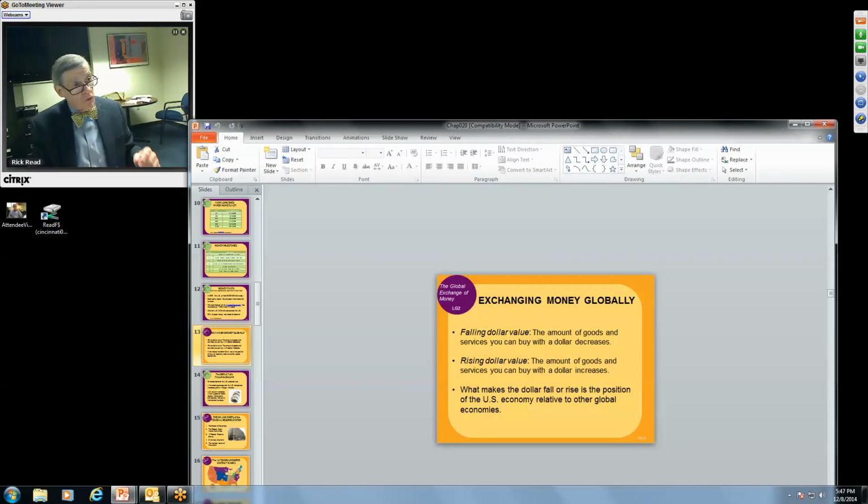Now, this is what traders and governments do all the time, and that's exchange money globally in the global market. So if we have a dollar, by the way, I'm going to just jump ahead of this. Right now, the United States dollar is very strong. It's strong for a number of reasons.